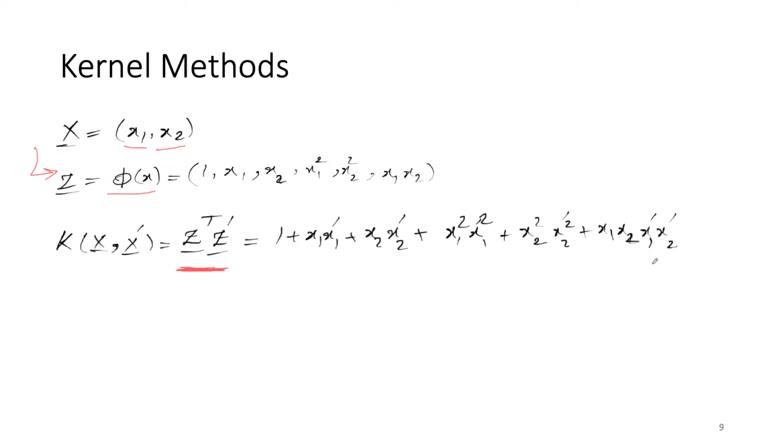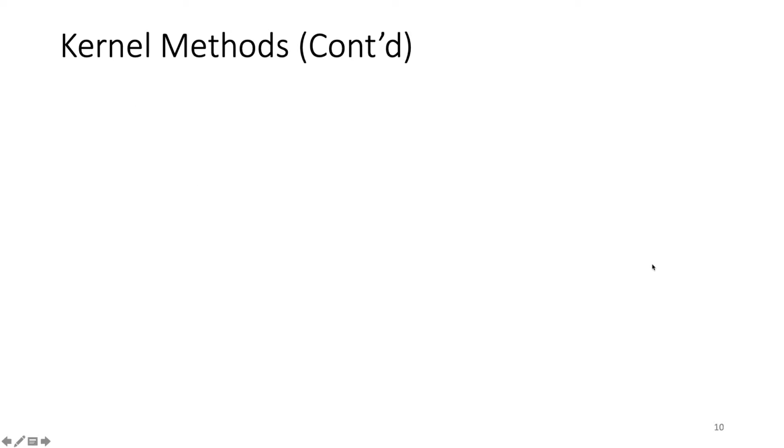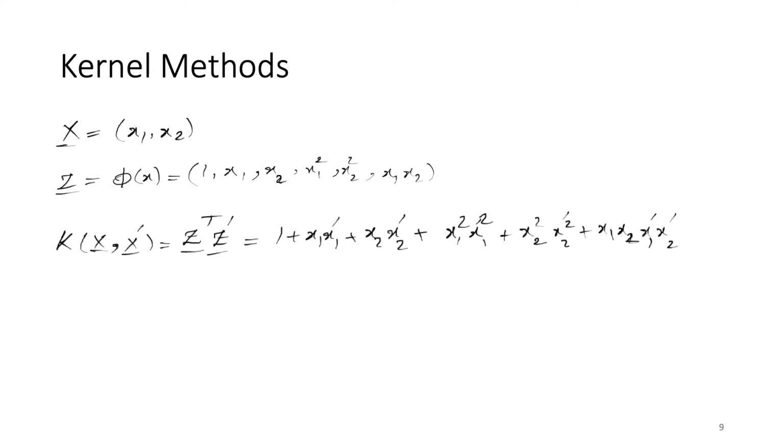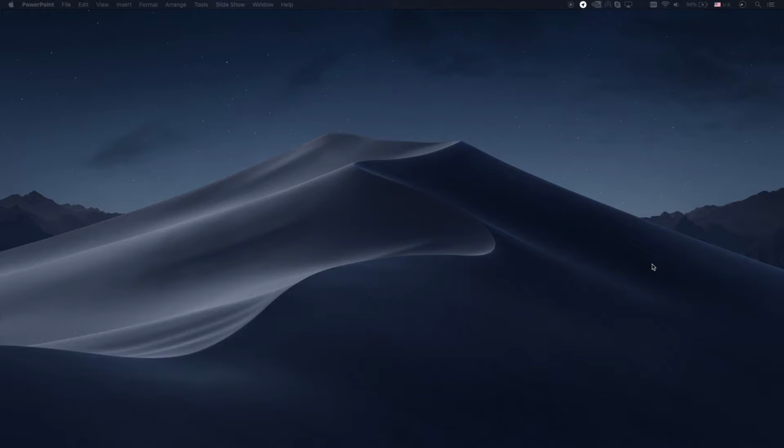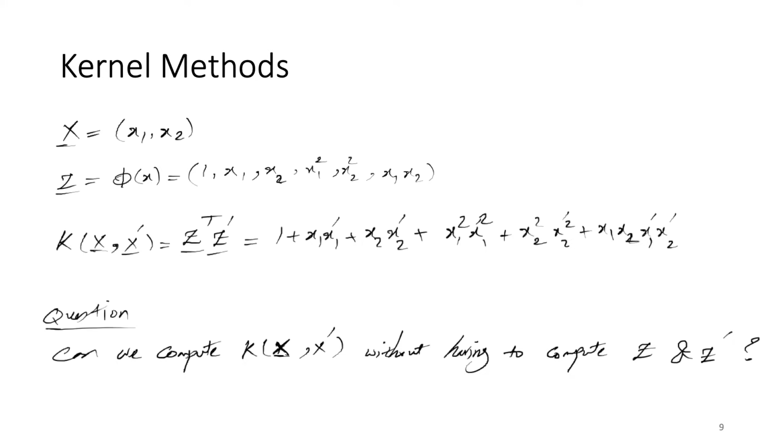So now we got a question here. The question is, can we compute k of x and x prime without having to compute z and z prime? Does anyone know the answer?